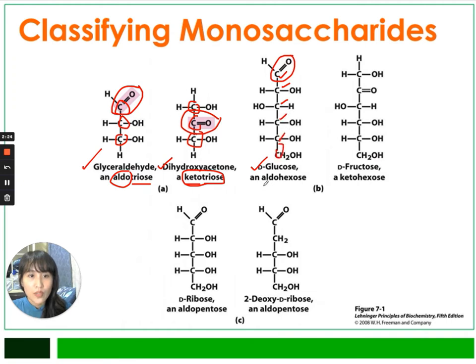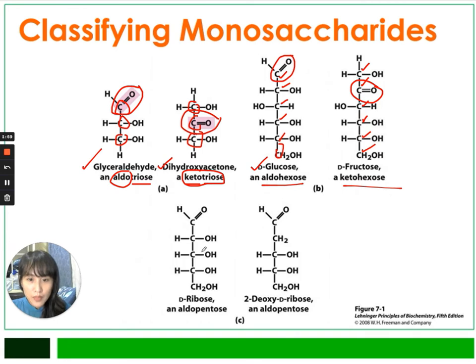So we have here an aldohexose. D-fructose, on the other hand, has the carbonyl group in the middle, so we will call it a ketose, and it has 1, 2, 3, 4, 5, 6 carbons. So we will call it a ketohexose.